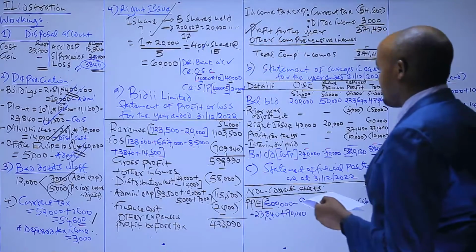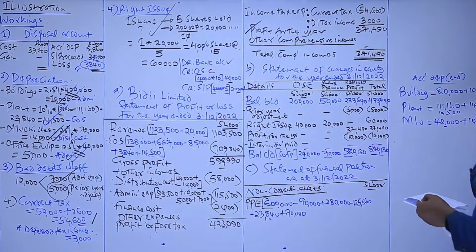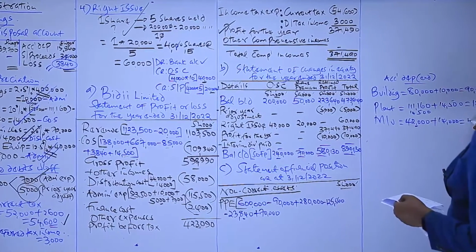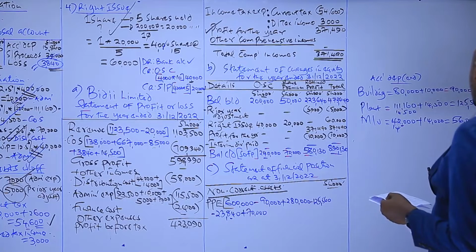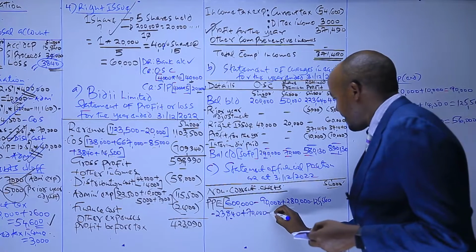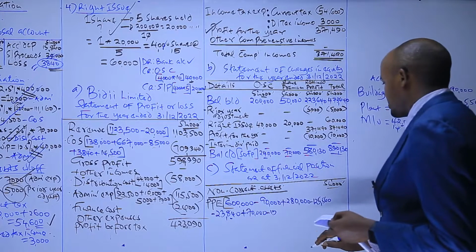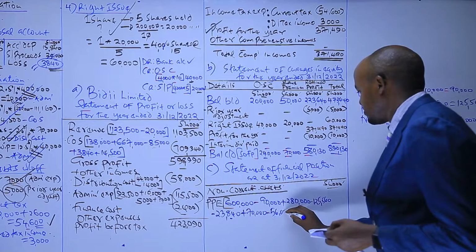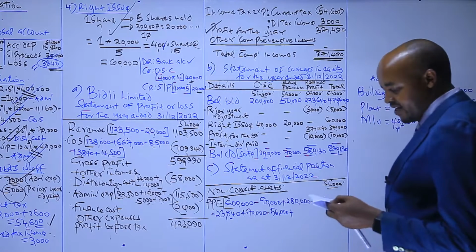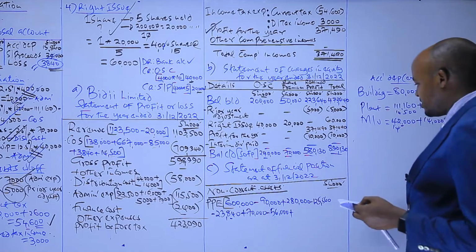How much is it? 14,000. So that will give us a total of 56,000. We less it from the cost, which is coming to 56,000.